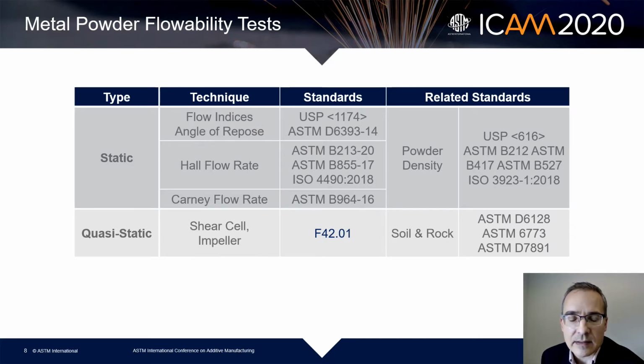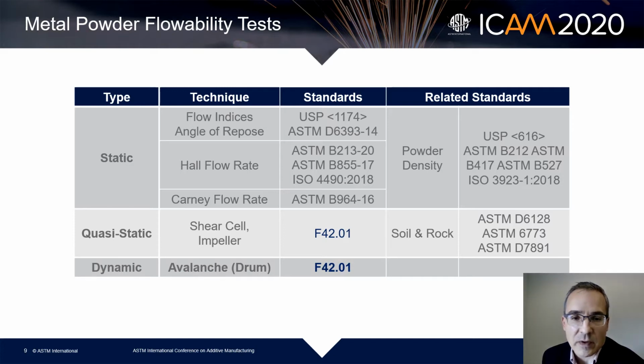Again, that is a technology that's part of F42's push to look at standardization. Currently, there's no standards within AM for that technique, although there are for other fields. And same goes for the avalanche or drum rheometers. These are a dynamic rheology technique. And again, F42 is working on quite a few standards that involve that method.